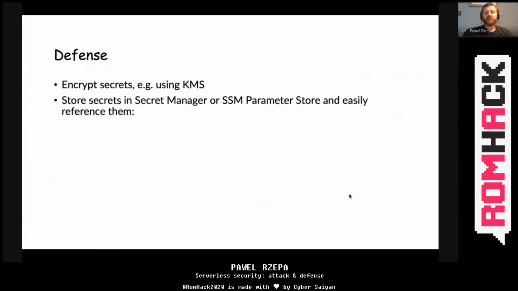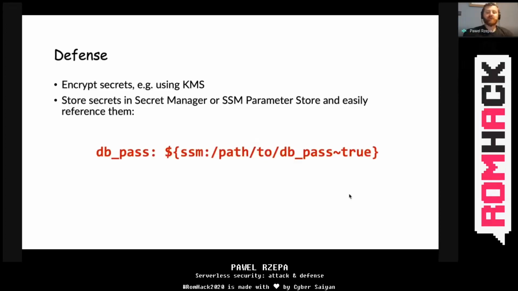So always encrypt all the secrets in AWS. You can do it using the KMS service, and also store the secrets in Secrets Manager or the SSM Parameter Store. Then you are referring to the secret.